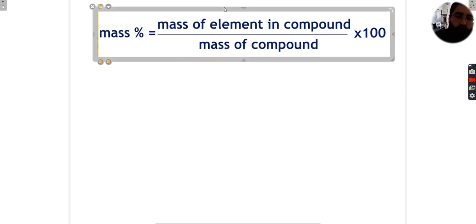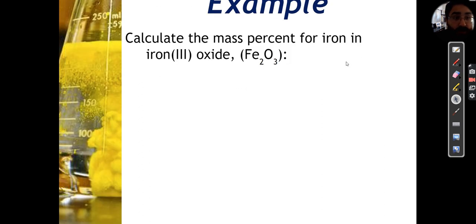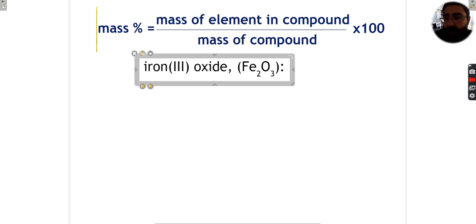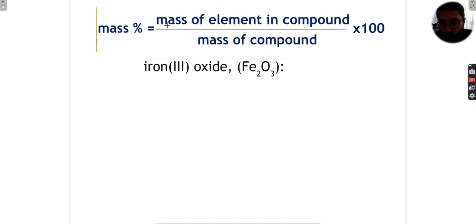All right. So what we're going to be doing now is looking at the percent by mass of this substance. What you need is the mass of the element in the compound. Let's say we are looking for the percent by mass of iron inside this compound.